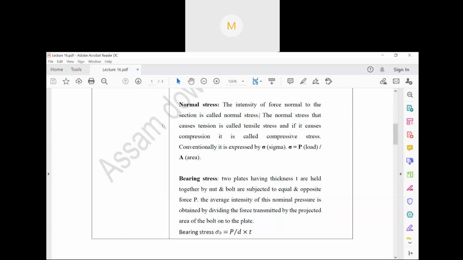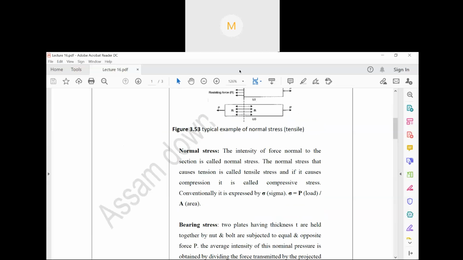Suppose you take this example. Stress, as we know, as it is defined, is force per unit area, right? So this is the unit area, so this area will be considered. Now this is the force. Now look, this is perpendicular. So it is known as normal stress. Got it?